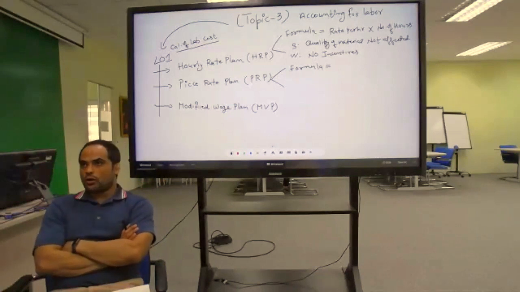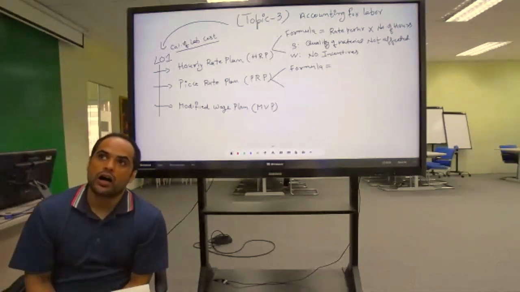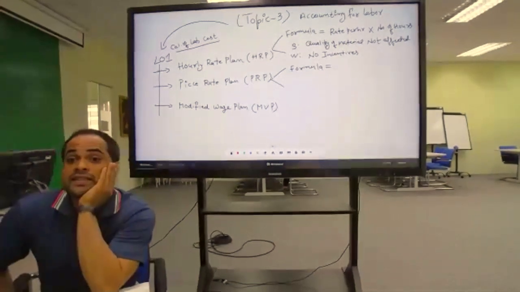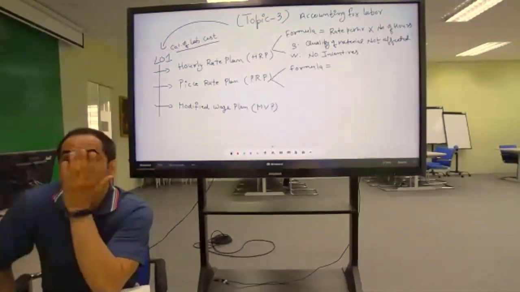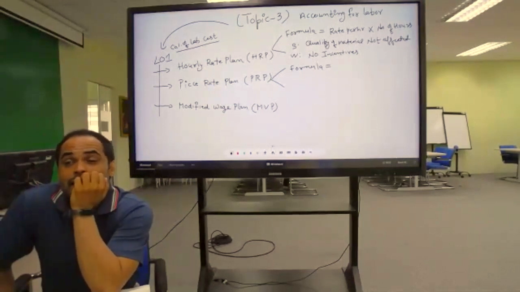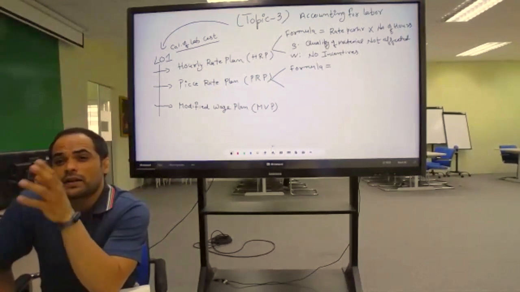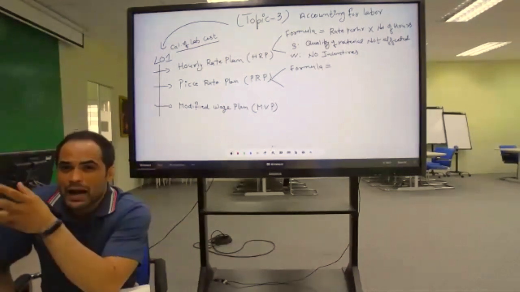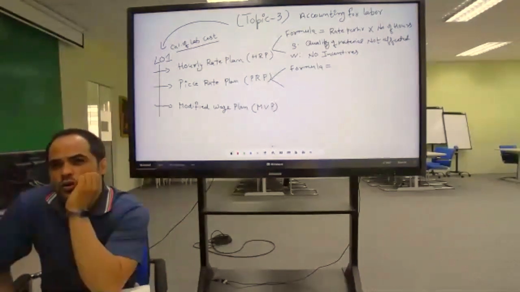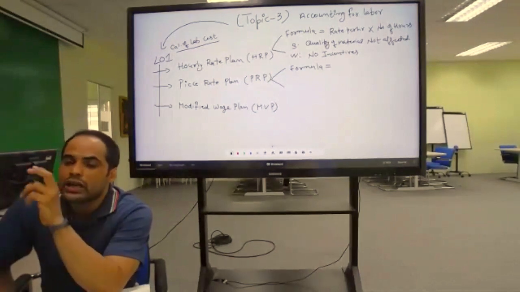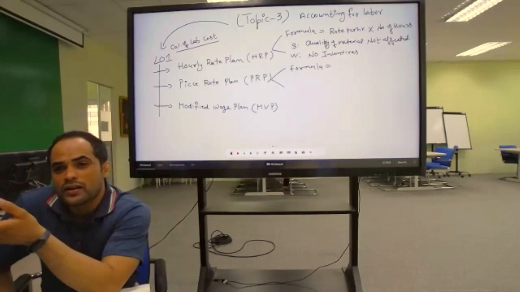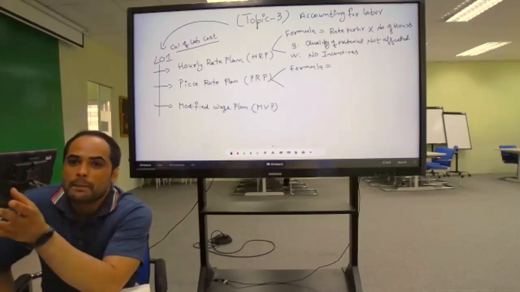For example, the real estate business. I hope you know real estate. It is a property business: lands, buildings, buying and selling land and houses. In the real estate business, the company is more likely to pay workers as per the piece rate plan.